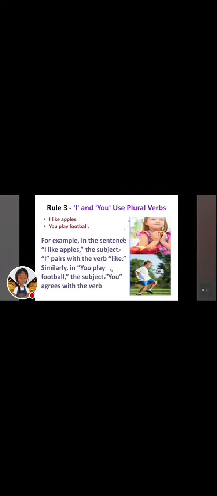So you can see that we have used like with I and play with you. Plural verbs. For example, in the sentence I like apples, the subject I pairs with the verb like. Similarly, in you play football, the subject you agrees with the verb play.